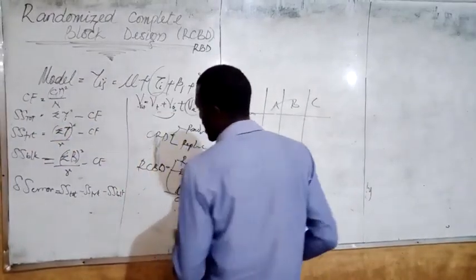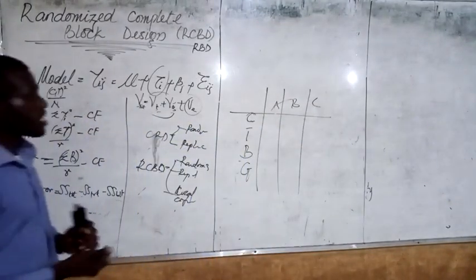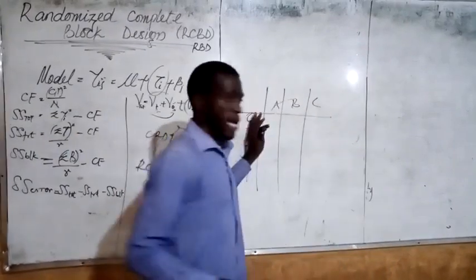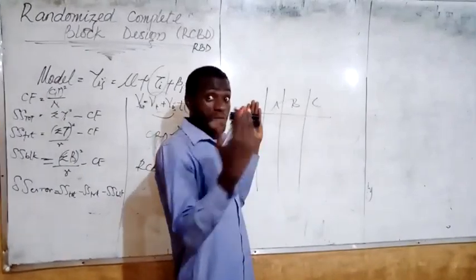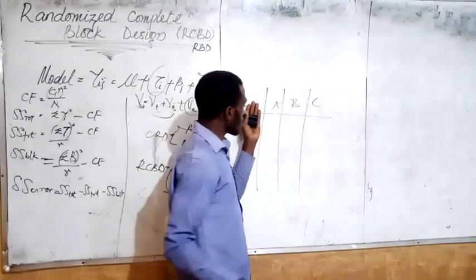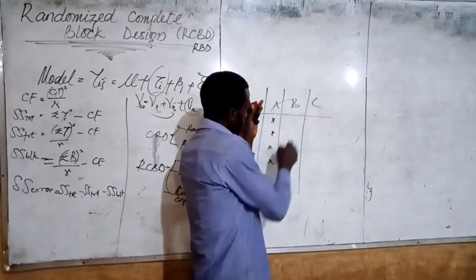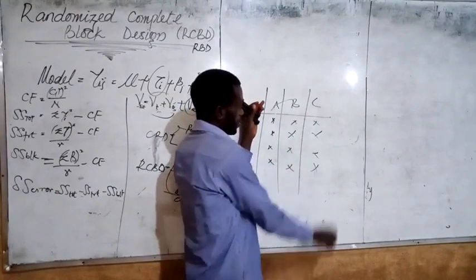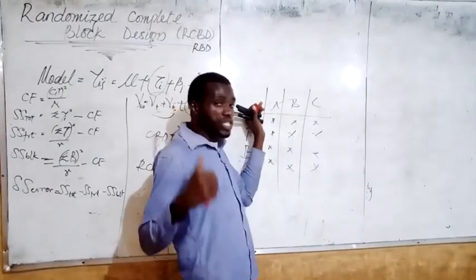Now listen, I said the difference between this replicate and this replicate is this. Notice, if this table were without all of this, if it were just treatments, that would be a CRD design. If I have a data set here and I want to calculate the SS treatment, what am I going to do?